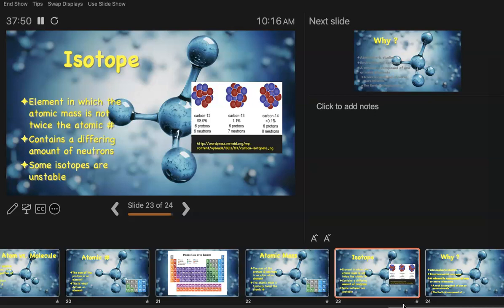They give us the example here of carbon-12, carbon-13, and carbon-14. And what they're doing is adding a neutron each time in order to increase that mass. Now, as we said, the majority of the elements that show up on the periodic table do follow this rule we've been talking about. But that kind of is misleading because there are a lot of isotopes out there.